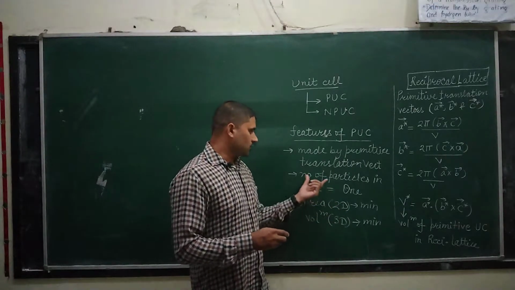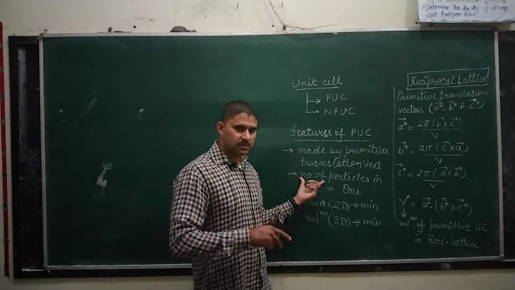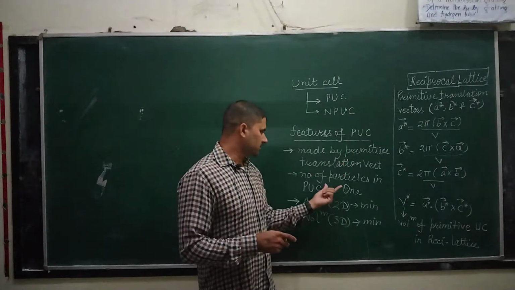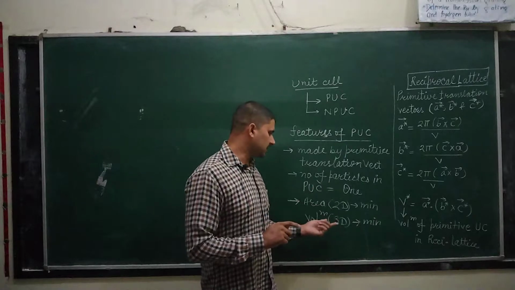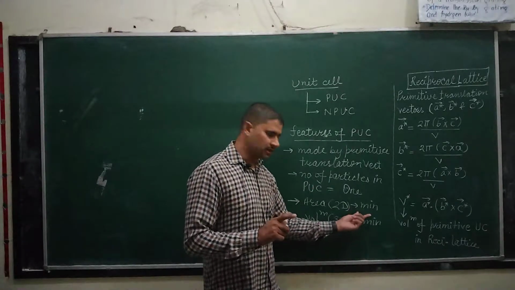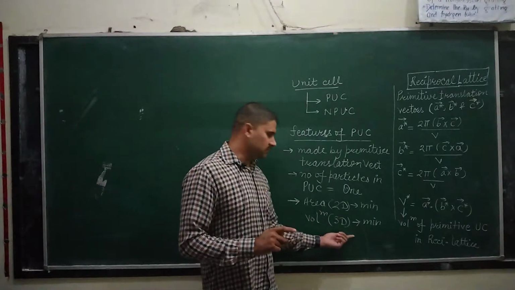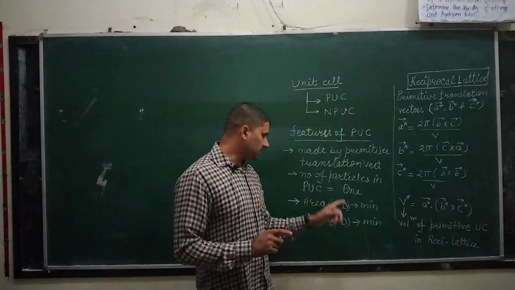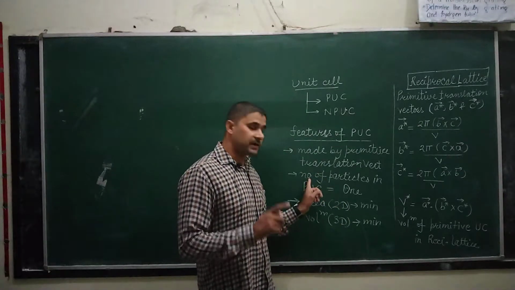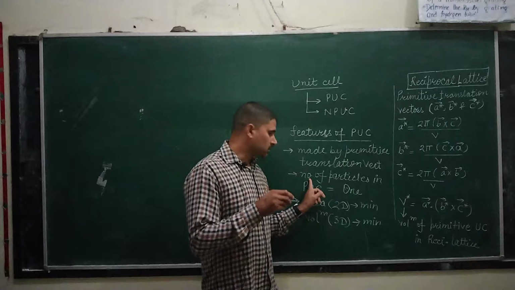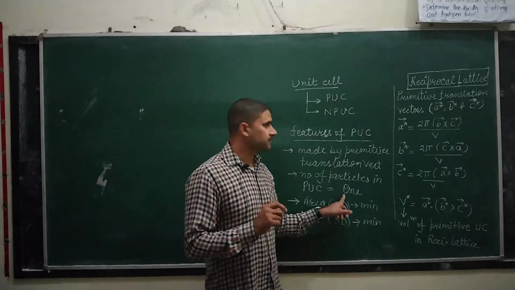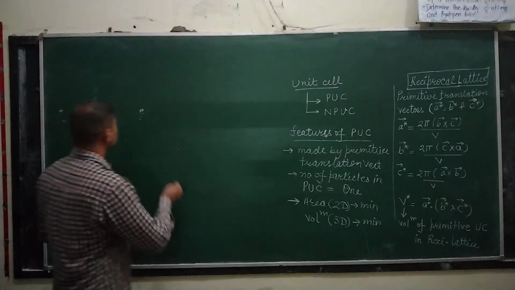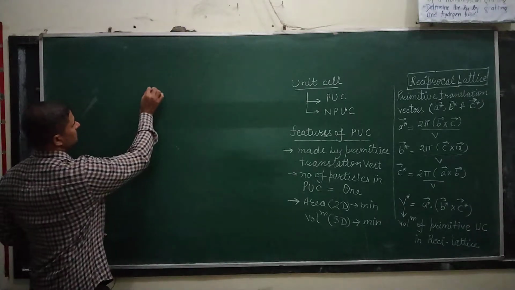The area swept by the unit cell formed by primitive translation vectors must be minimum in 2D, and the volume occupied must be minimum. The third point is that the effective number of particles in the primitive unit cell must be unity. Okay, so now come to simple cubic.